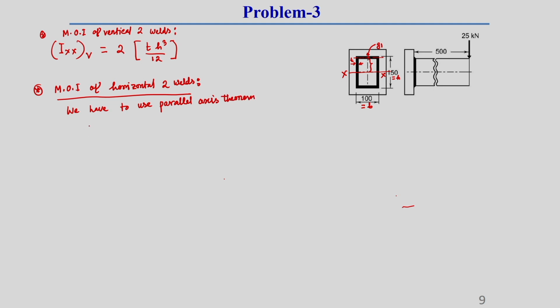So, what should be the Ixx of this horizontal weld? Because there are two symmetric welds, we can say 2.